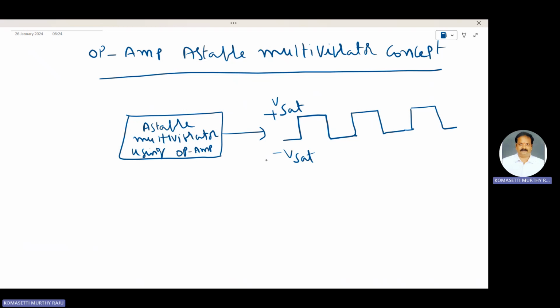No external triggering signal is required to produce the change in state. It is a free-running oscillator which switches continuously between its two unstable states.